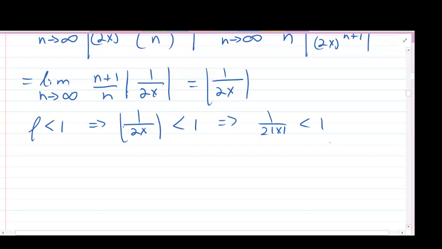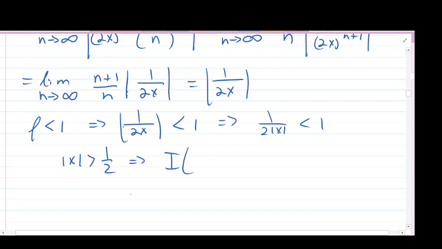Multiply through by a constant 2. That's going to give you 1 over the absolute value of x is less than 2, which you invert, that gives you the absolute value of x is greater than 1/2, which gives me that open interval in two pieces.